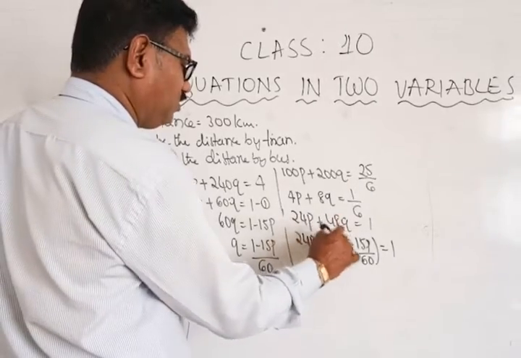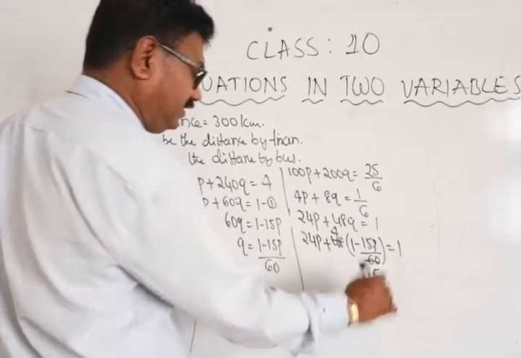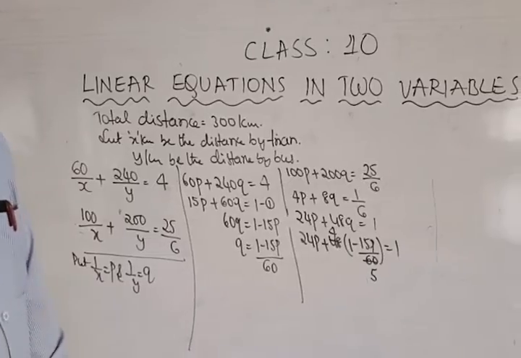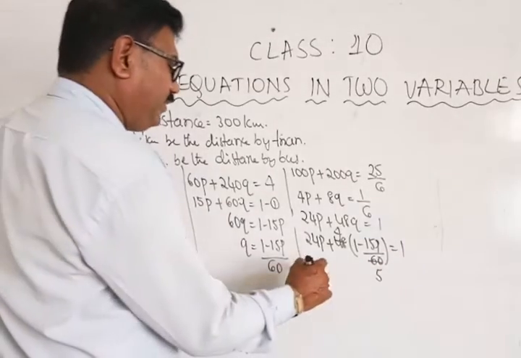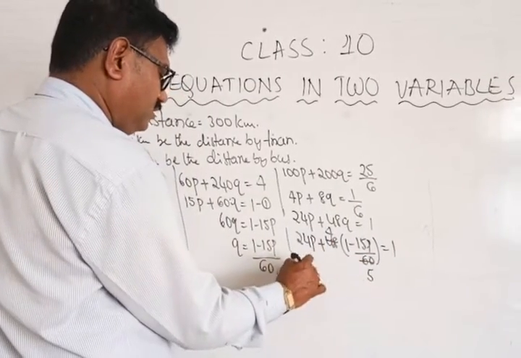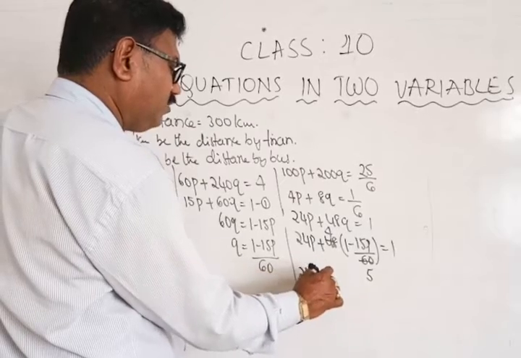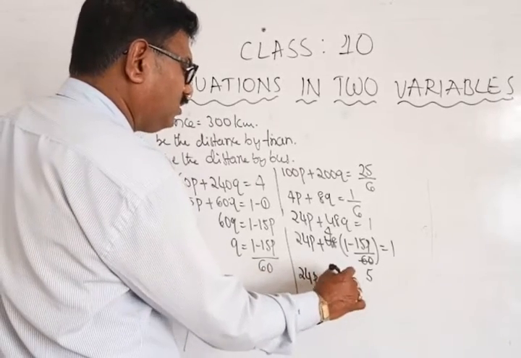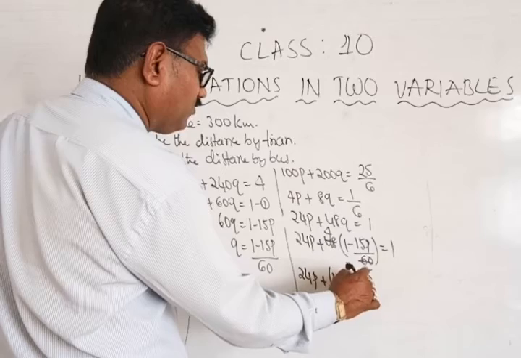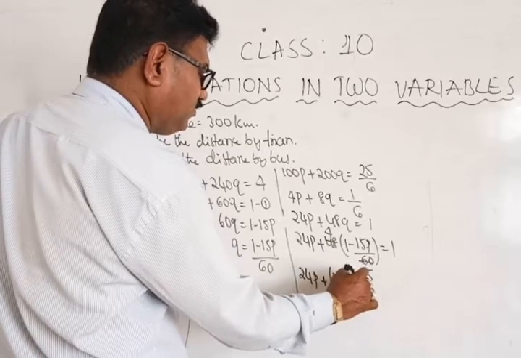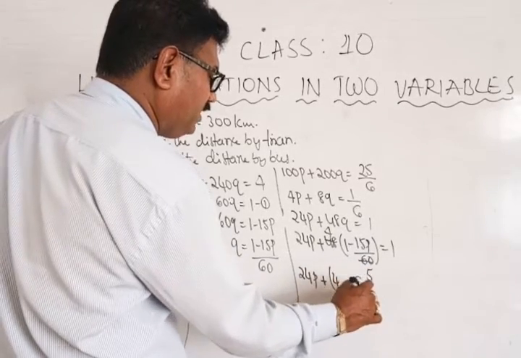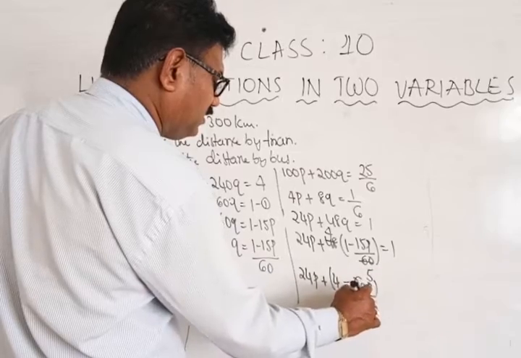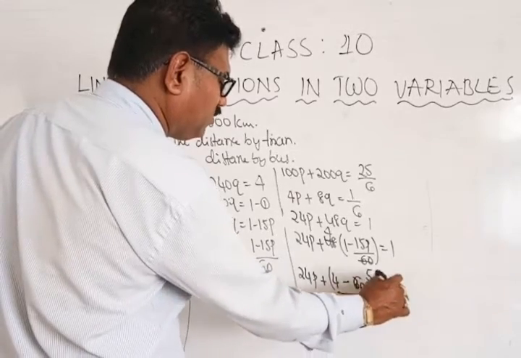Now 12 into 4, 12 into 5. Then what happened? 24p plus 4 minus 4 into 15p, 15 into 4, that is 60p, divided by 5 equal to 1.